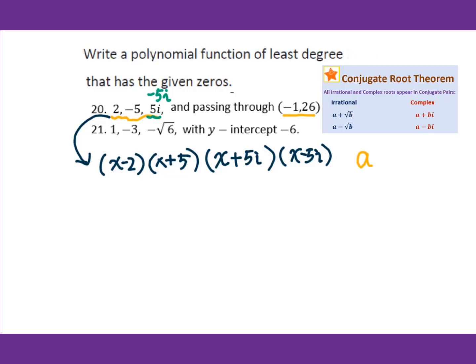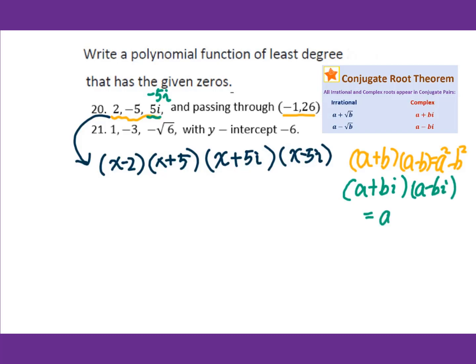We know that a plus b times a minus b gives a squared minus b squared, and a plus bi times a minus bi equals a squared plus b squared. Therefore, we work on these two first. You will get x squared plus 5 squared, that's 25.